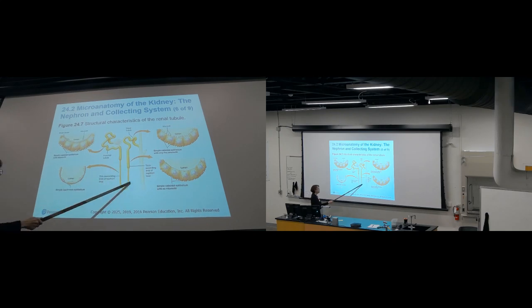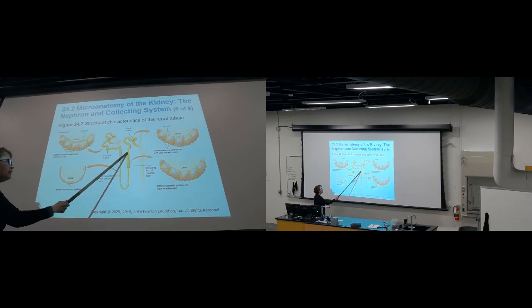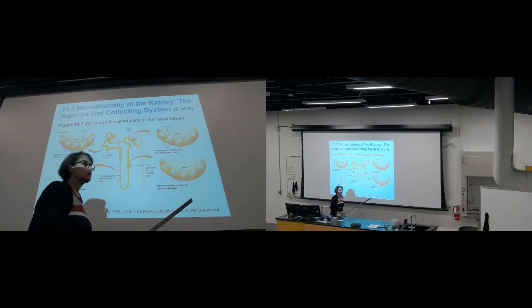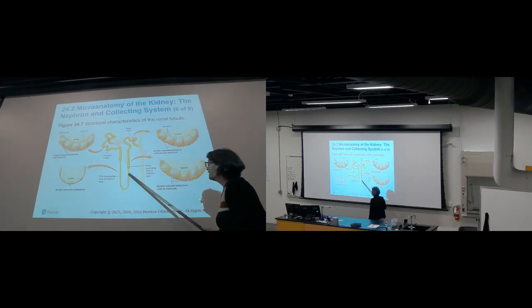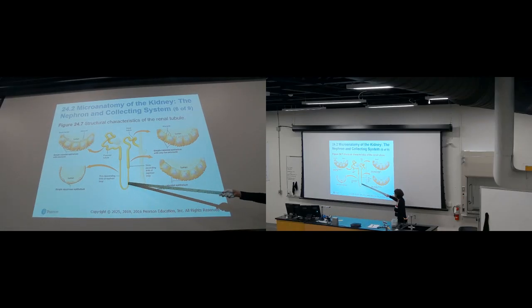And then you have the loop itself, and then you have a portion that goes up that is called the thick ascending limb of the nephron loop. So if you magnify it, this will be simple cuboidal epithelium with no microvilli.